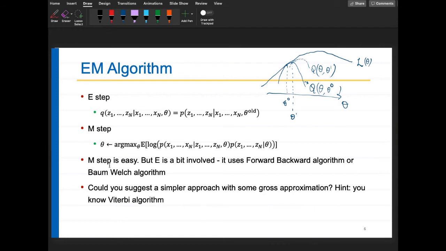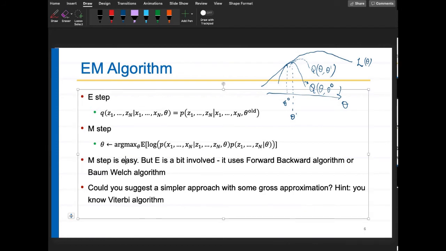Okay. In this case, the M step is very easy because once you know the responsibility of each z, like how much likelihood there is that this data comes from this z, then you can use it to learn the matrix. You can just count how many times you are transitioning from k equal to 1 to k equal to 2. Just sum them up and that's it. You're done, right?